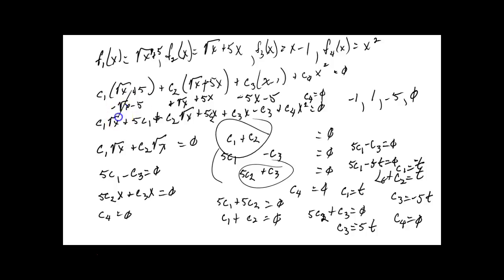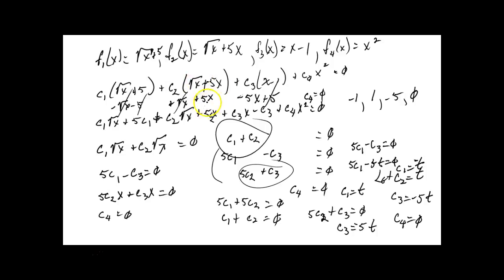Minus, plus, minus. Whoa! No, that doesn't work, does it? Yeah, that's a plus here. Okay. Because C3 is a minus 5, and you have minus 5x plus 5, yeah.